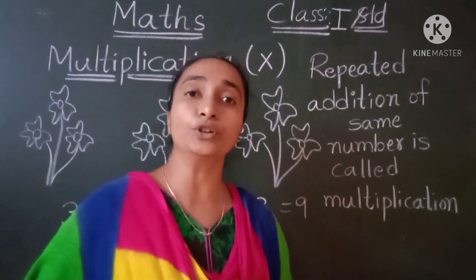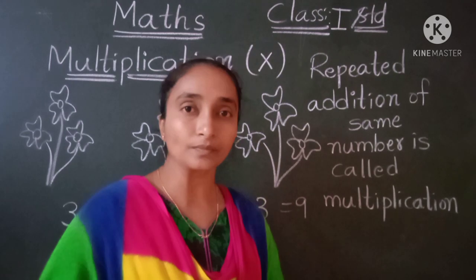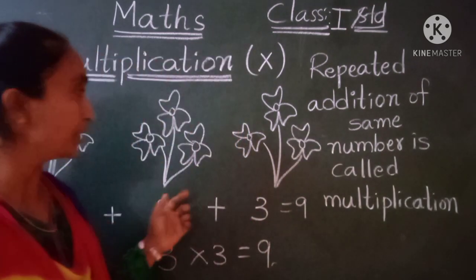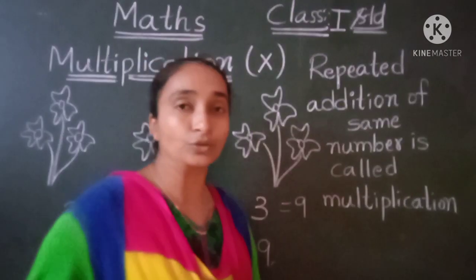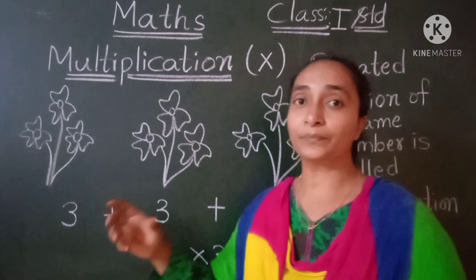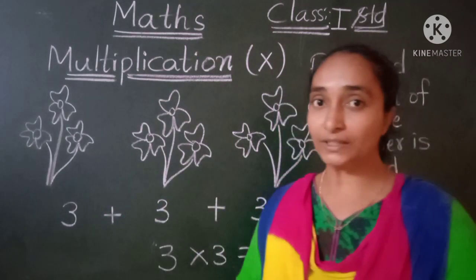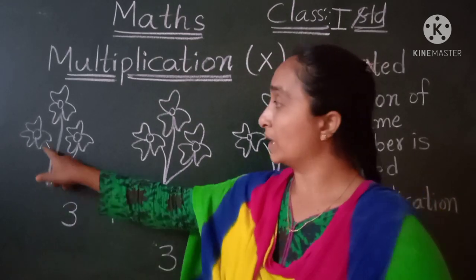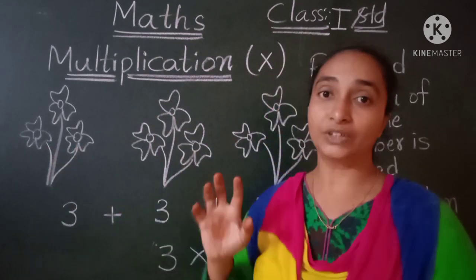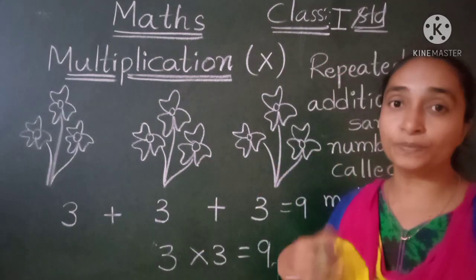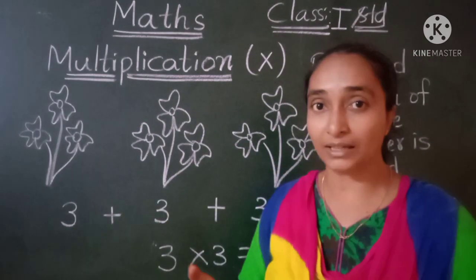What do you mean by multiplication, children? We will explain with an example. Here we can see flowers. How many flowers are there? 1, 2, 3. 3 flowers are there. How many groups of flowers are there?